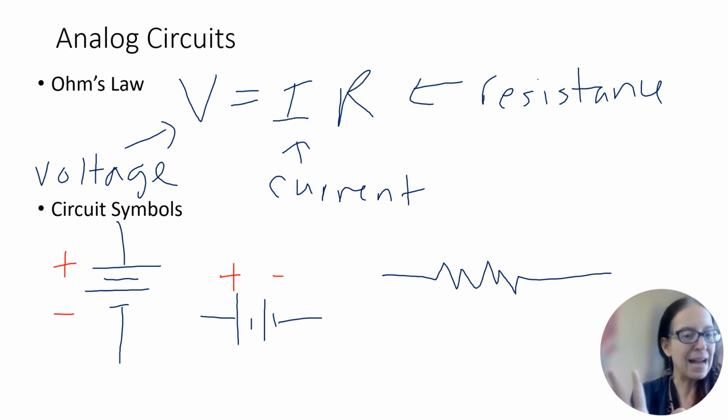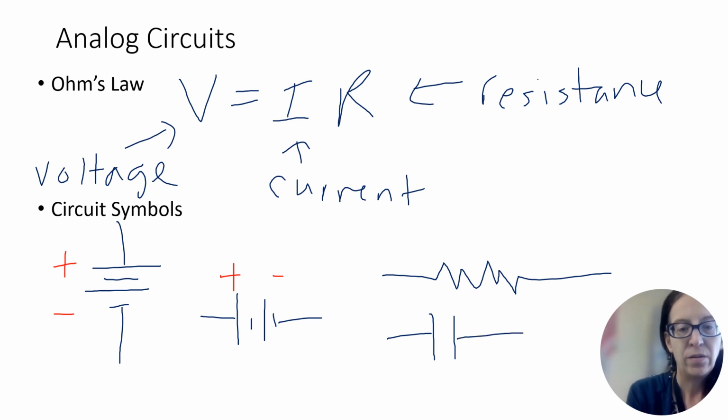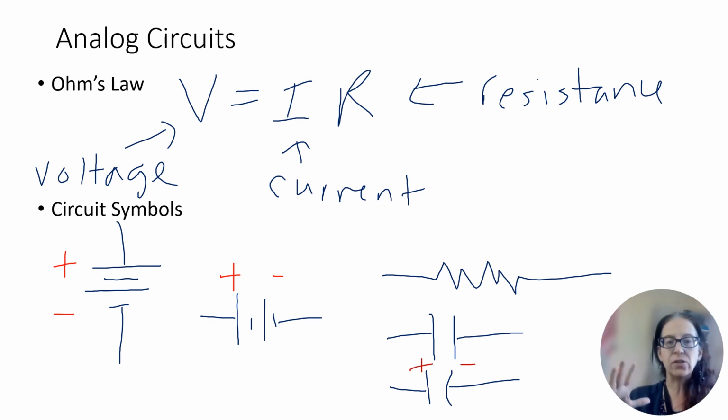And then you have capacitors, and for capacitors there are different symbols, but sometimes there'll be two parallel lines that are the same length. You can also see one of those lines curved, and these will have a side to them, like a positive and negative. And a capacitor is like a temporary battery, sort of.